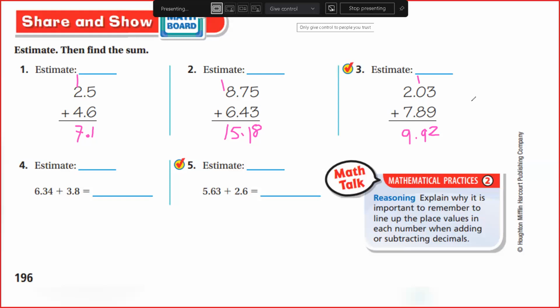Yes, Haneen. Here, what do we have? Now look at me first, please. Here you have 6.34. Don't forget the decimal under the decimal. 8 is here and 3 is here. You have to arrange the numbers. The decimal under the decimal. 6 under 3 and 3 under the 8. If you didn't write it like this, you will have the wrong answer.